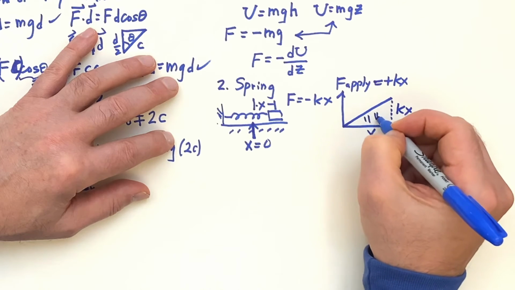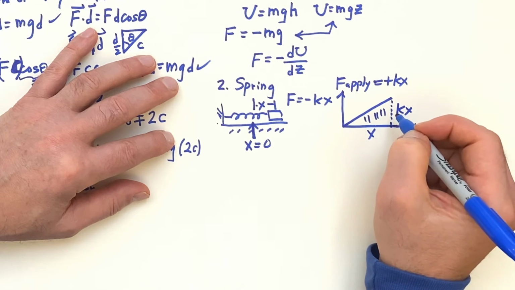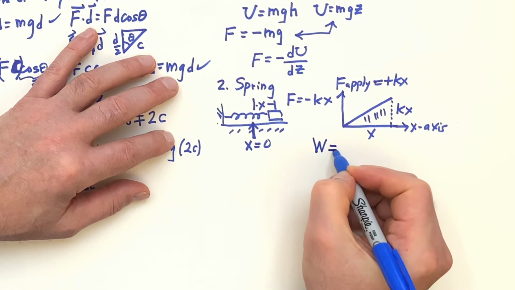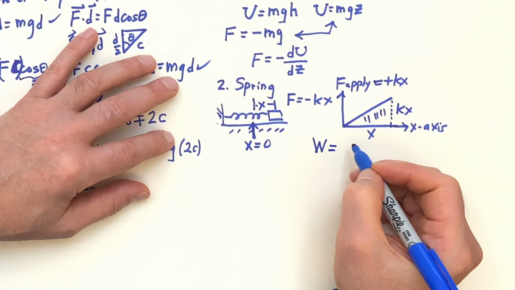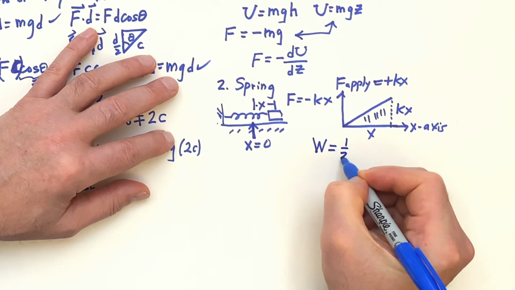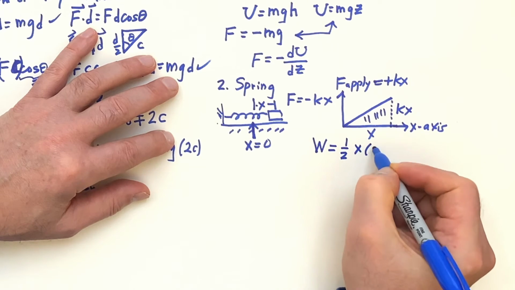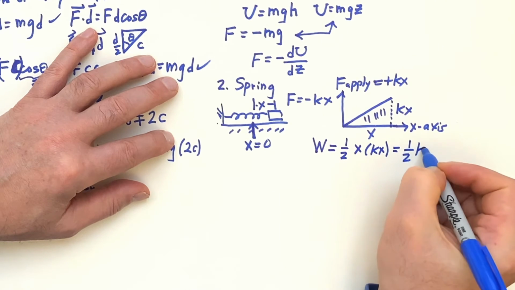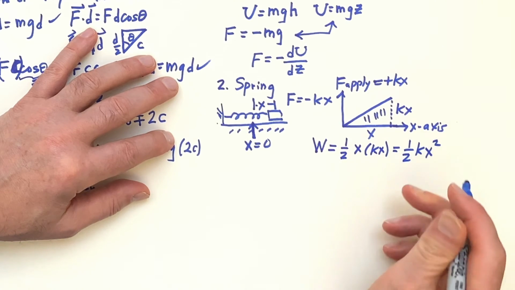So we want the area under the graph like we did earlier. That would mean that the work that's done is 1/2 the base times the altitude, and that's 1/2 kx squared, which we know from an earlier section.